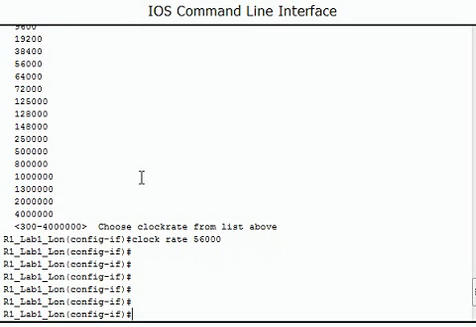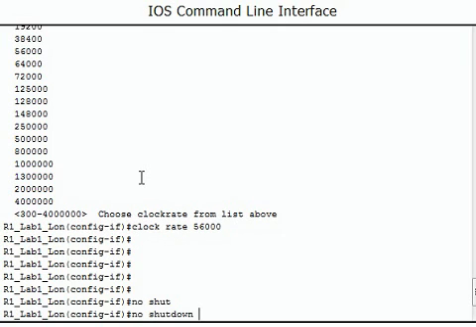So if, for example, the other device is fast enough, then this device will control the bit rate per second of the transmission.